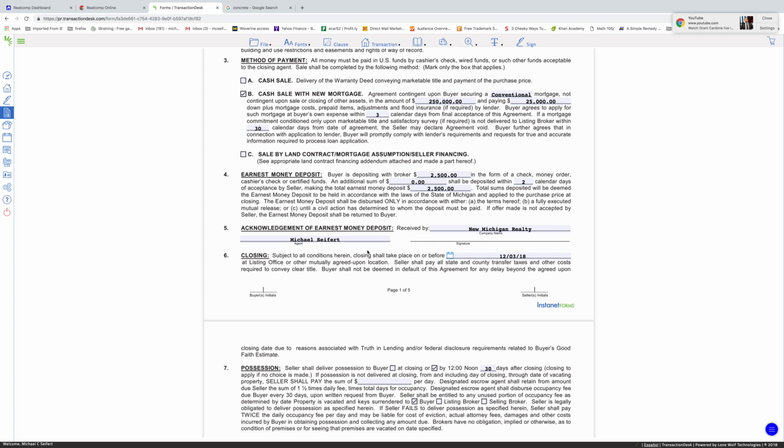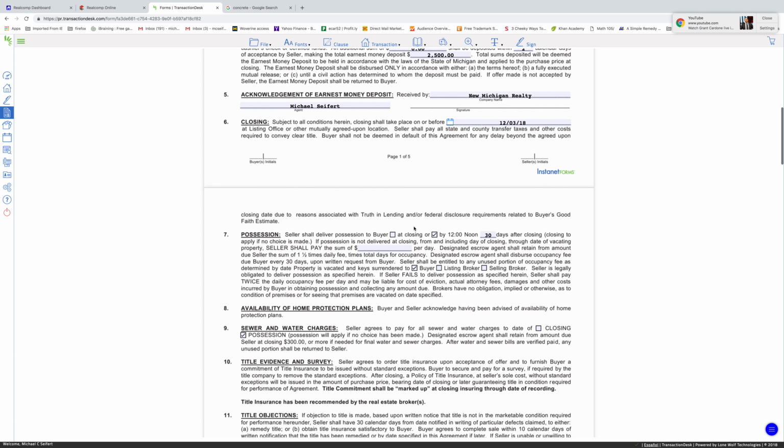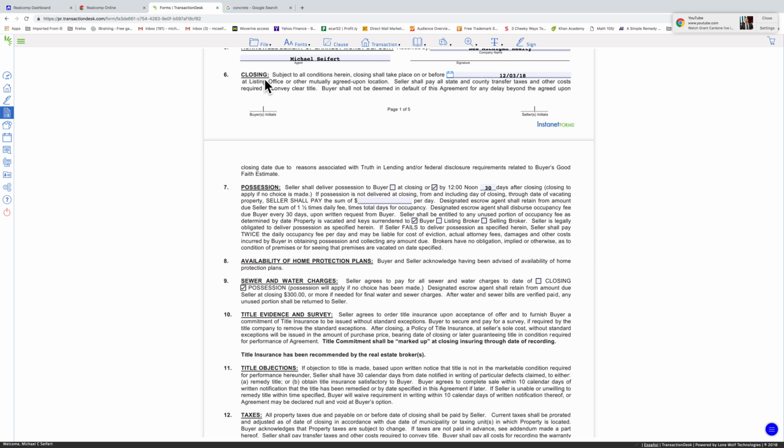Sometimes that can take 45 days. So if it's a government loan, VA, FHA, sometimes we might put in here like 12/15/2018. So that gives us ample amount of time to get the financing completed with the bank. So the buyer will initial here, and of course when you submit, the seller will initial here. So that's just page 1.